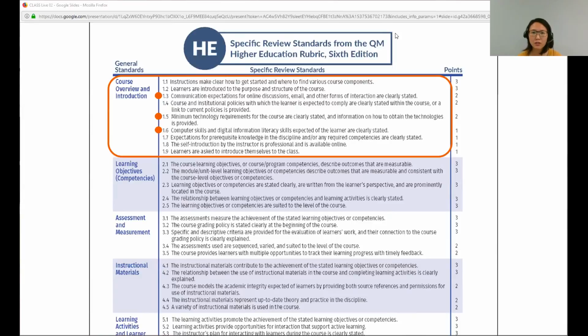And you should also, in the beginning, make clear what the requirements and expectations are for this course. Anything with an orange dot here means that Class OET can provide you with a resource that addresses that specific standard to put into your course. And the rest are things that are unique to your course, and we of course can work with you to help you develop something that addresses that standard.